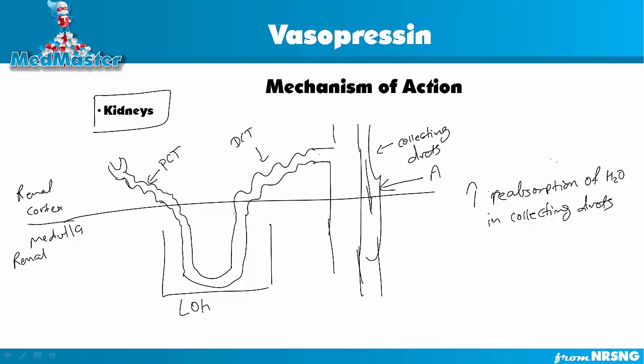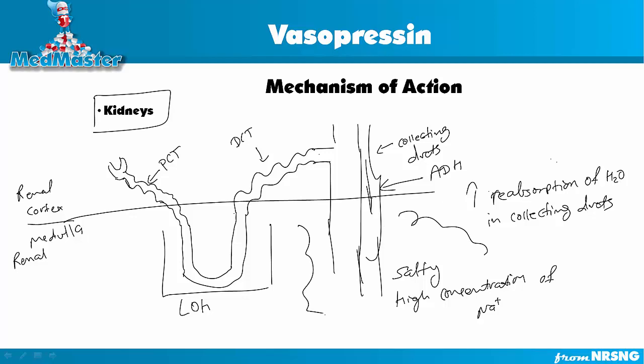ADH comes here and works on the collecting ducts and makes them more permeable to water. All of this part right here in the medulla is salty, with a high concentration of sodium.